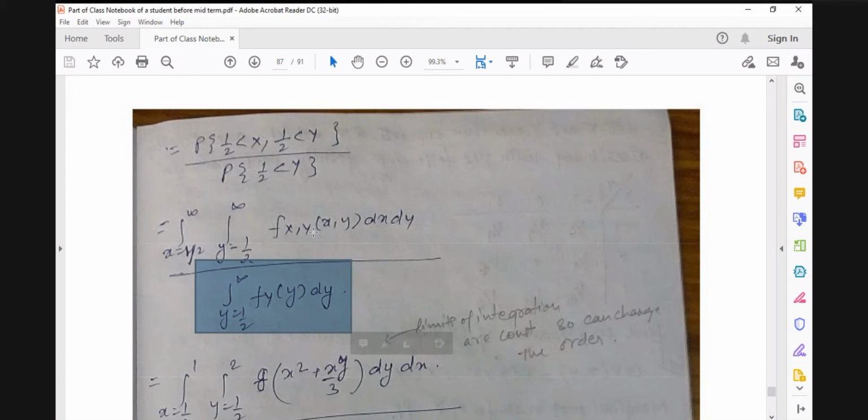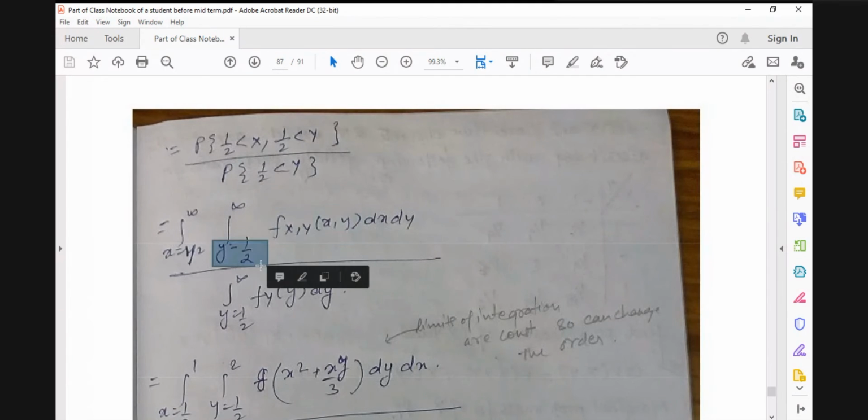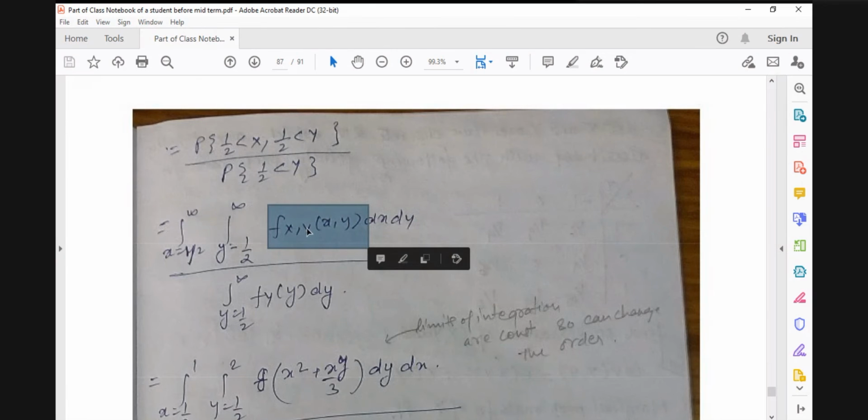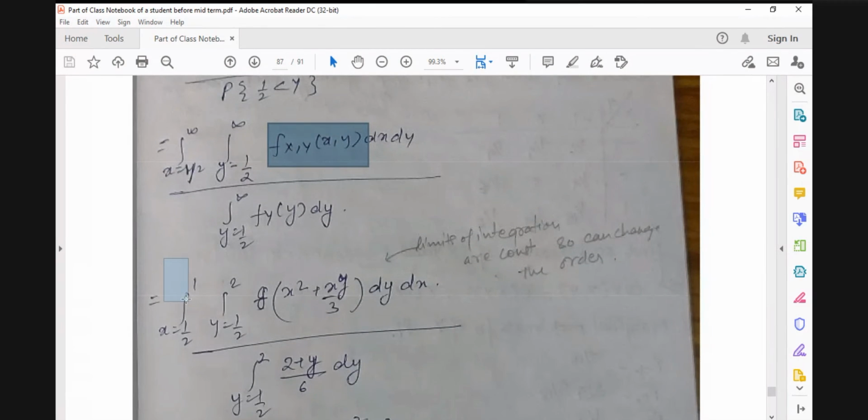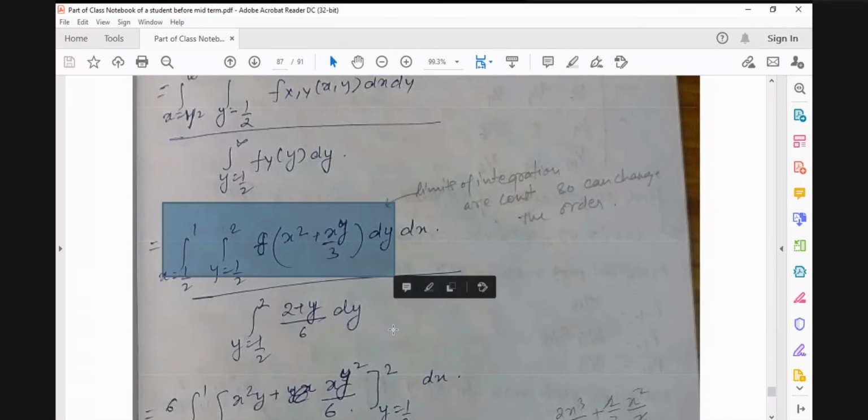And again you know that the definition of this joint one is nonzero only when y lies between 0 to 2, so we have to limit this integration also from 1 by 2 to 2. Similarly this is also restricted to 1 by 2 to 1, because in other domain the definition of this one is 0.